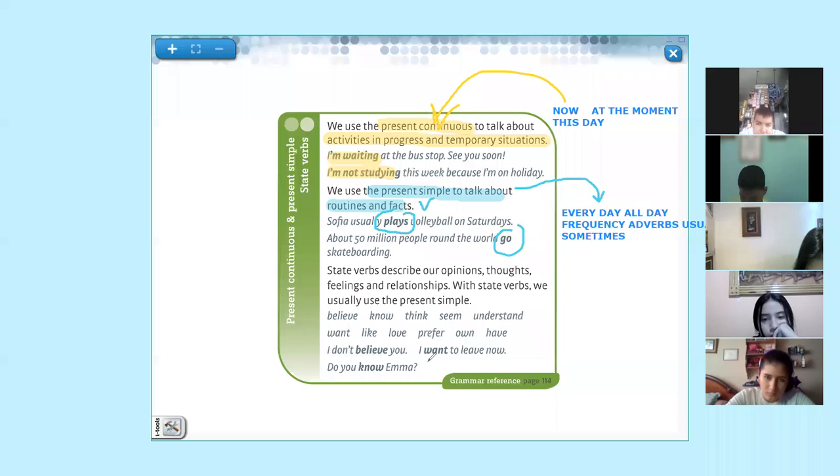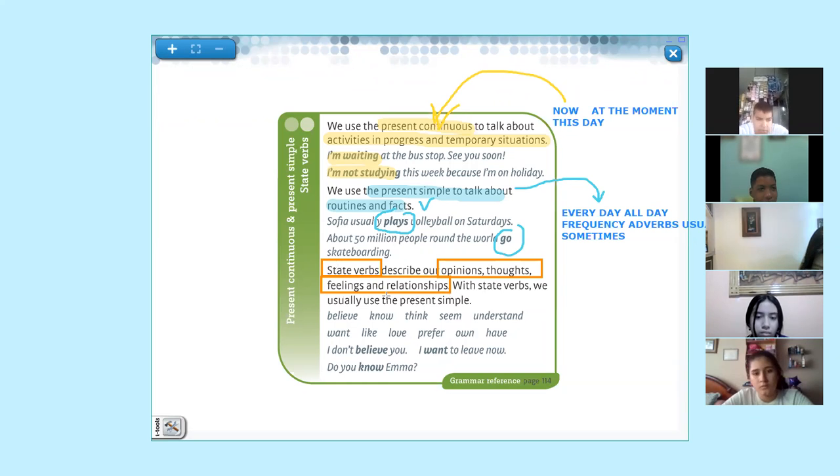Also, we have some verbs. Attention with this group. That is the most important part that I need you to pay attention to. What are the state verbs? State verbs describe opinions, thoughts, feelings, and relationships. With these verbs, we use only the present simple tense, no continuous form.